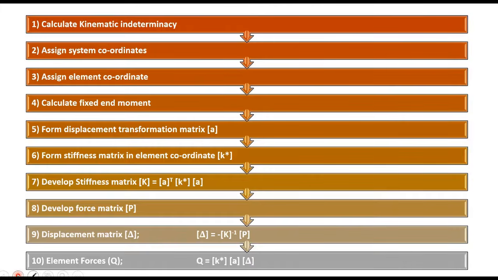Then we have the element stiffness matrix, that is EI by L times 4 2 2 4. And in the seventh step, we will develop a stiffness matrix with the equation K is equal to A transpose K star A, and develop the force matrix in the eighth step. And at the ninth step, we have to develop the displacement matrix, and finally we will calculate the element forces.